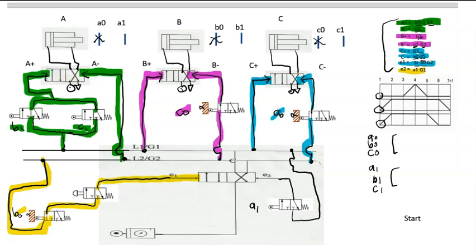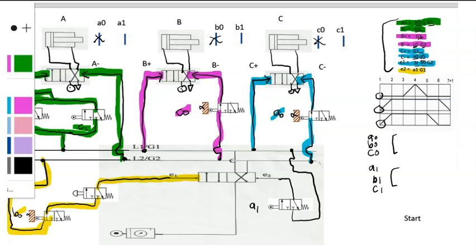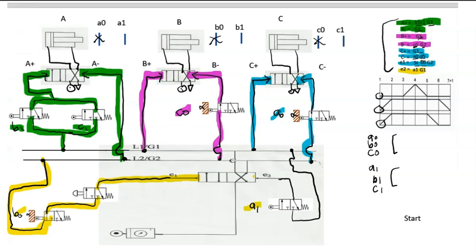Oh yeah, you need to label all your limit switches. And then we check. So we're going to A1, G2. Don't forget the loops. Done. So we have completed and we have verified that our connection is correct.